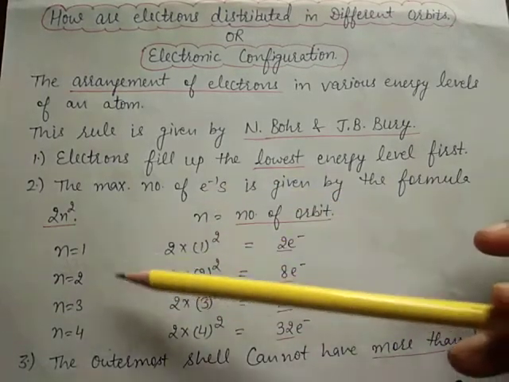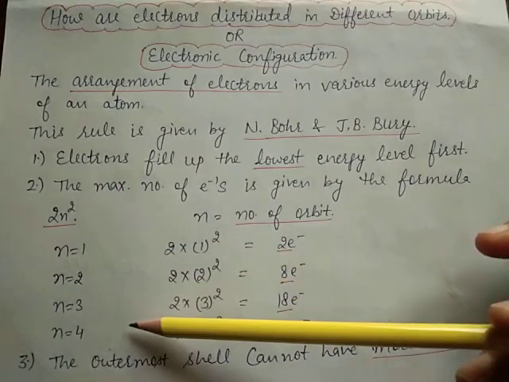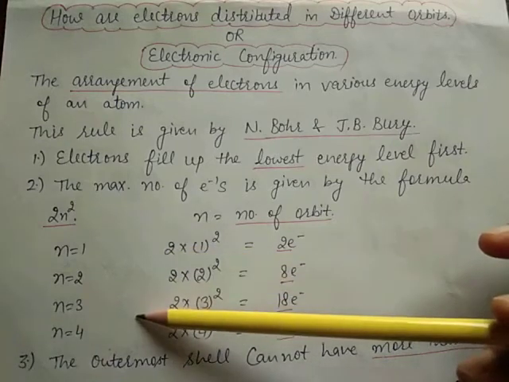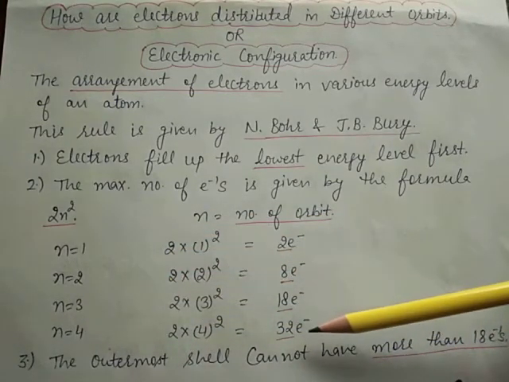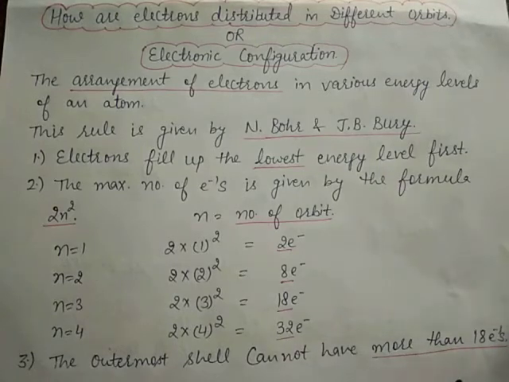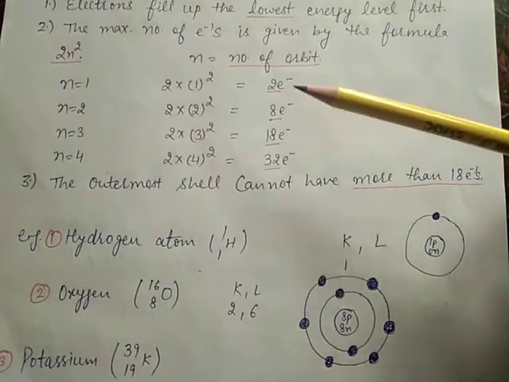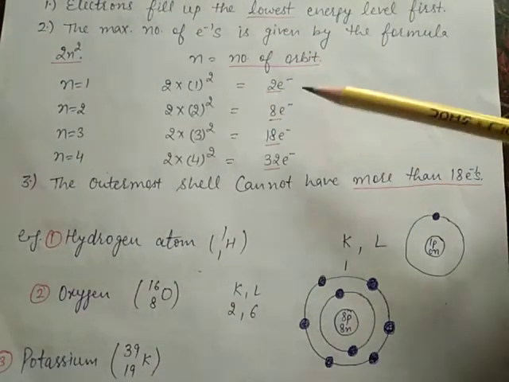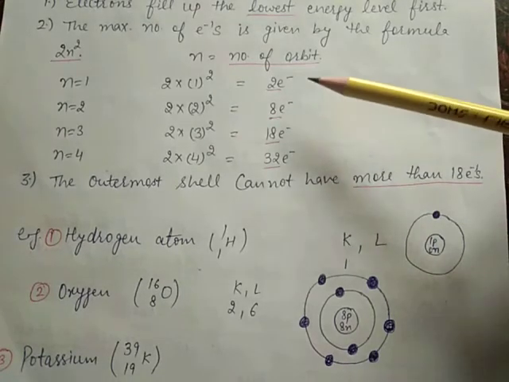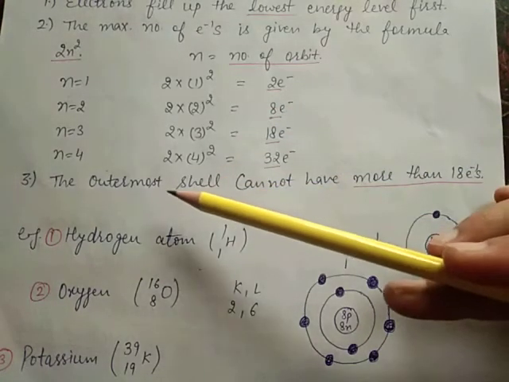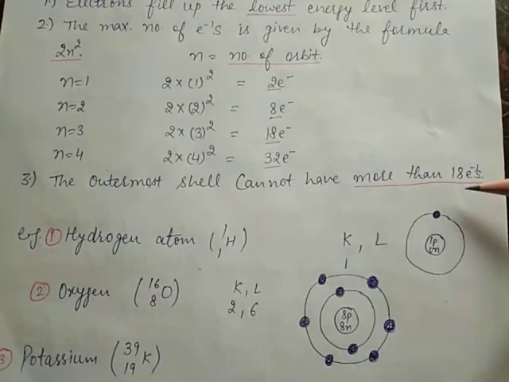So this n is the number of the orbit, or you can say energy level, and these are the electrons. By the help of this formula 2n square, we can easily fill the number of electrons in the different orbits. The third point is that the outermost shell cannot have more than 18 electrons.